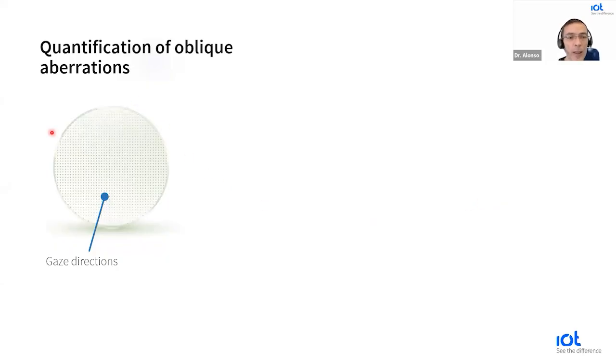Let's consider a lens, and all these green points here represent different gazes or viewing directions. Each point represents the intersection between the gaze direction and the back surface of the lens.